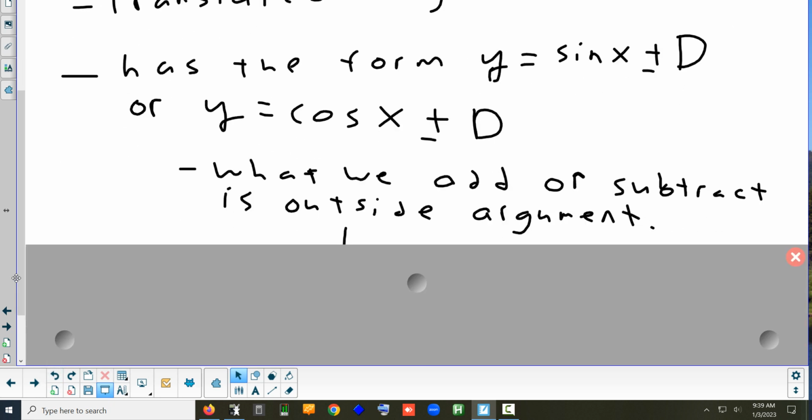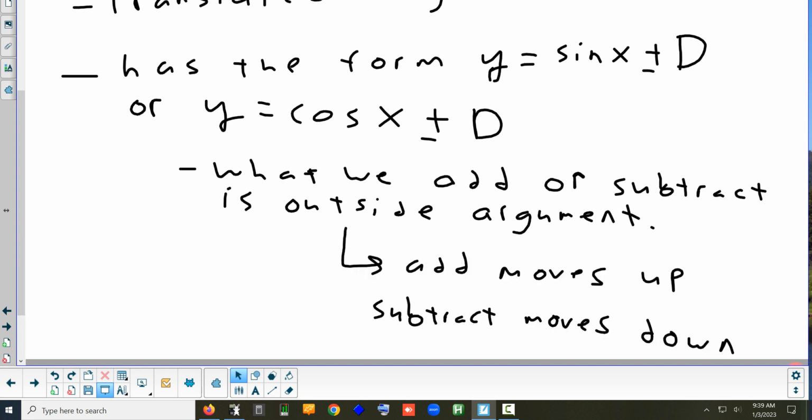Now, this is a transformation where you don't do the opposite. So if you see plus 3, which we just did, plus is up, minus is down. Don't do the opposite. We haven't done the opposite all year when we've done vertical shifts. Okay, so we are going to move either up or down.